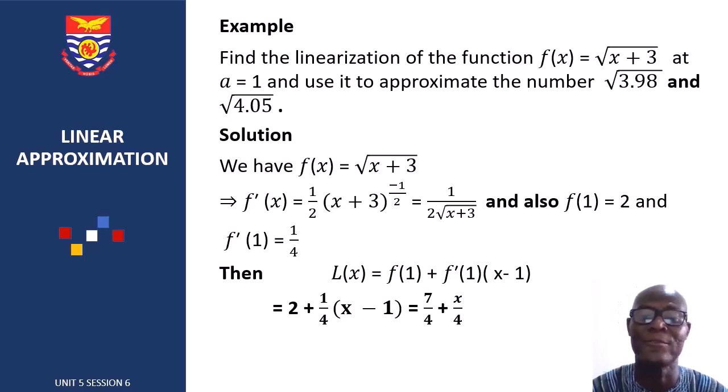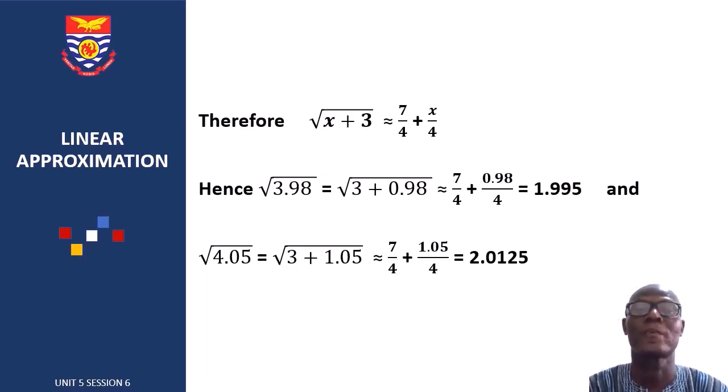Now f(1) is 2, then plus f'(1), the derivative at 1, is 1/4, multiplying (x - 1), which gives 7/4 + x/4. Therefore, √(x + 3) is approximately 7/4 + x/4.